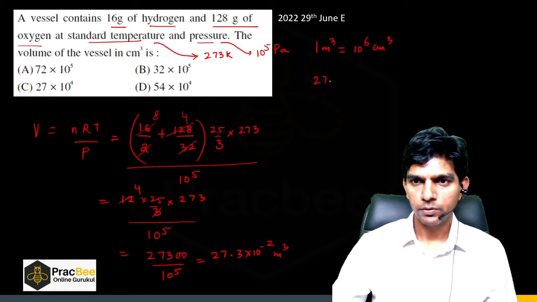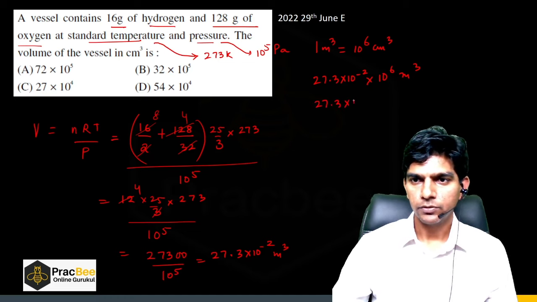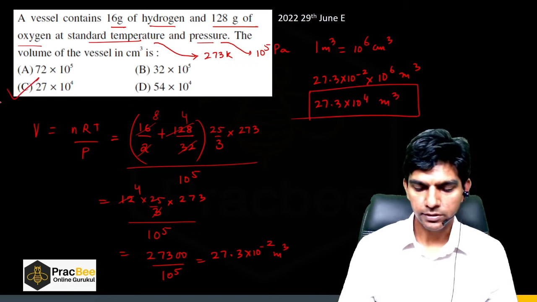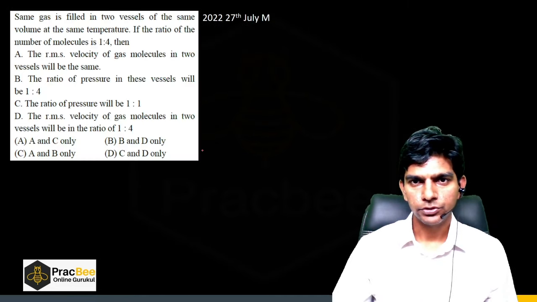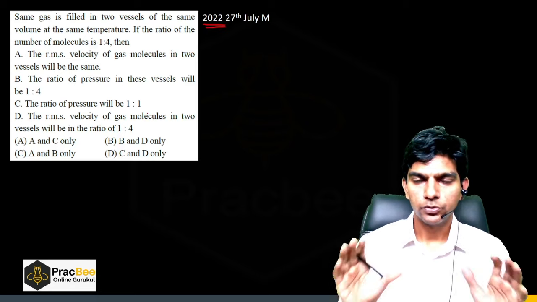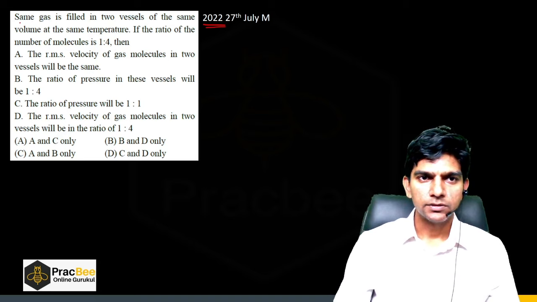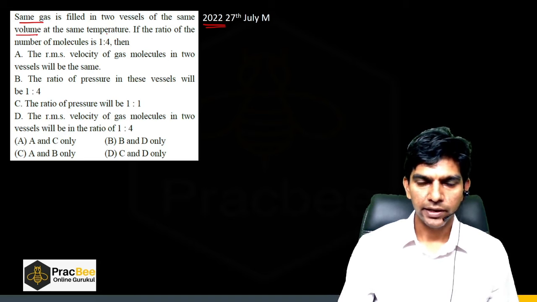So 27.3 into 10 raised to power minus 2 multiplied with 10 raised to power 6 will give the answer in centimeter cube. So it will be 27.3 into 10 raised to power 4 centimeter cube. So can you see, option C is the closest answer. Now let us see another question. It came in 2022. So pause the video and try to solve this question on your own. Right. So the same gas is filled in two vessels of the same volume at the same temperature.